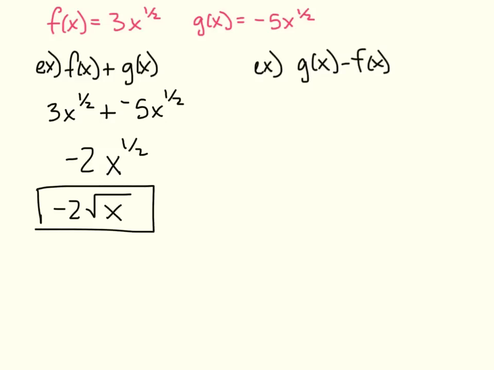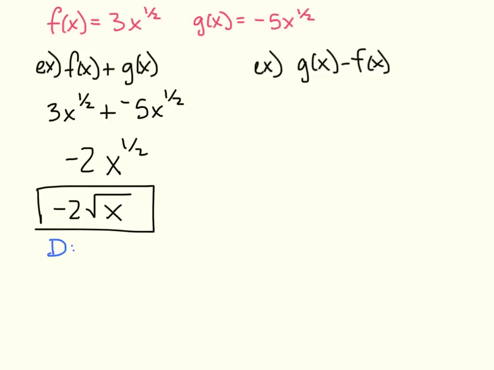Now, I also need to pay attention to the domain. So, now I'm not dividing by an x, so that's fine. But I have to think, this is a square root. There are certain numbers that I can't take square roots of.